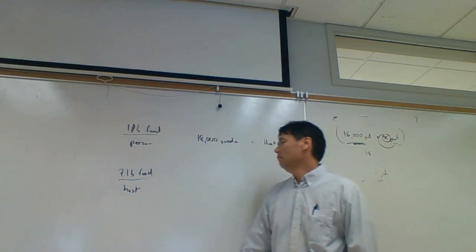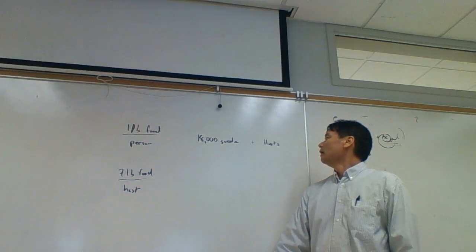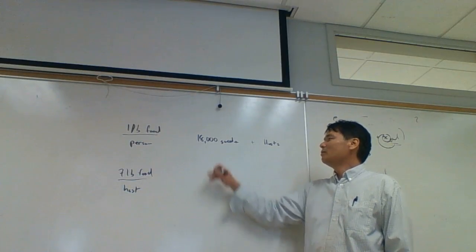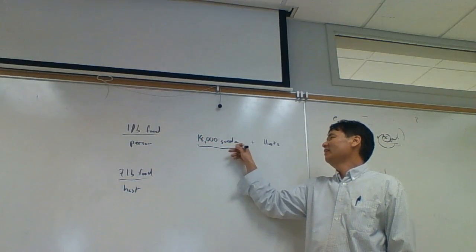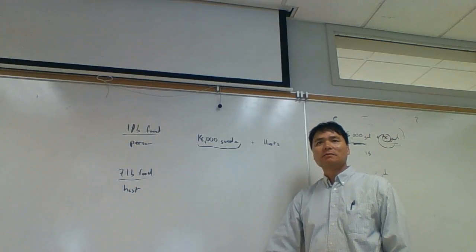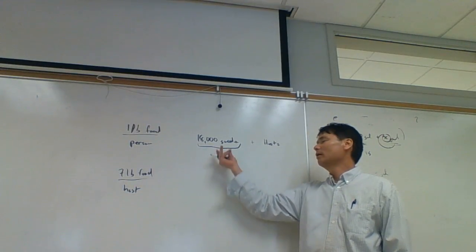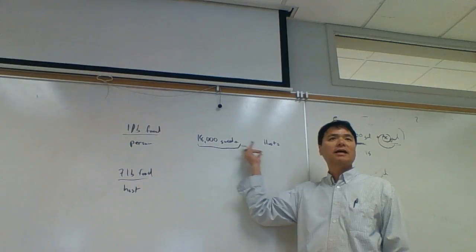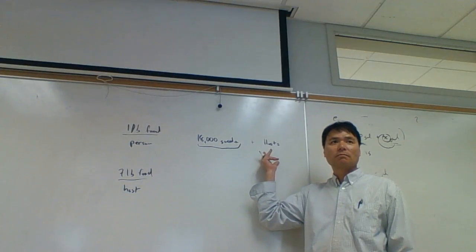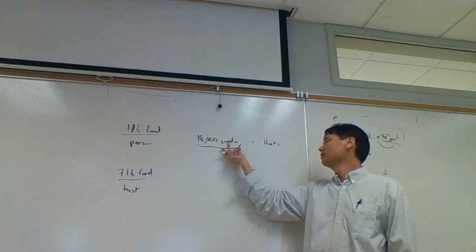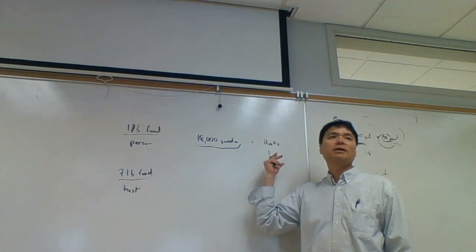And so what we did was we only calculated the food requirements for the guests. We didn't calculate the food requirements for the guests and the hosts. We have to calculate the food requirement for the guests and the hosts, but we don't know how many hosts there are going to be.